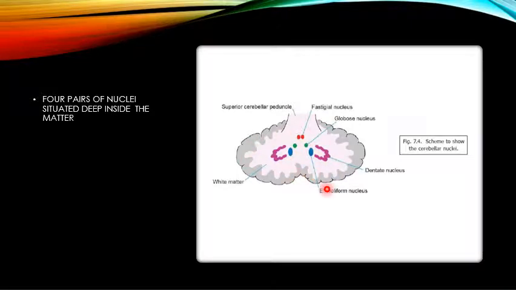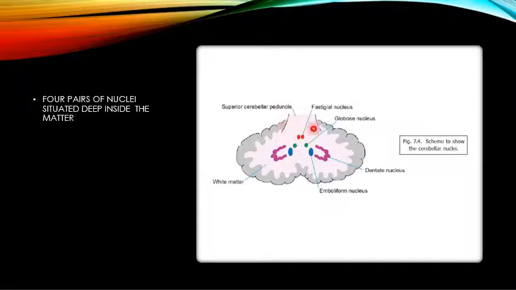The first one is the dentate nucleus. You can see one here and the other one on this side, right? The next is the emboliform nucleus here and the other one on this side. Then is the fastigial nucleus. You see both here, and the globose you can see here marked in green.